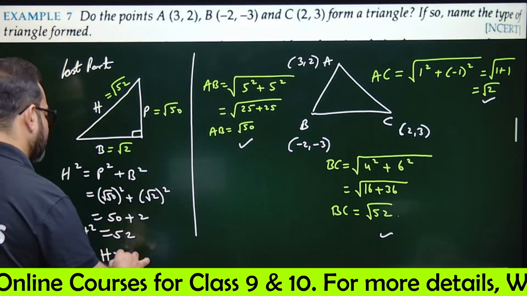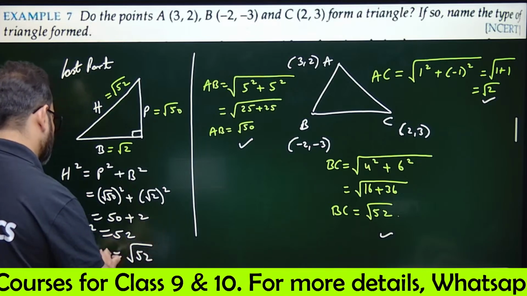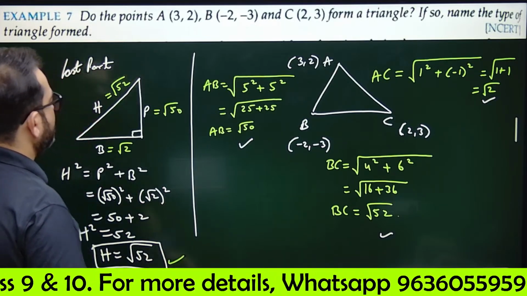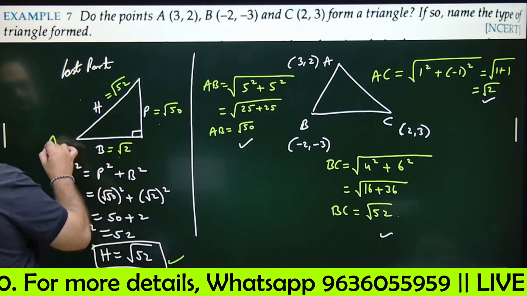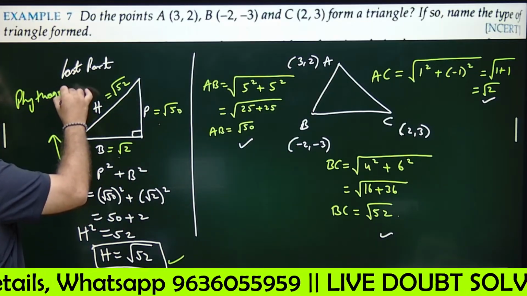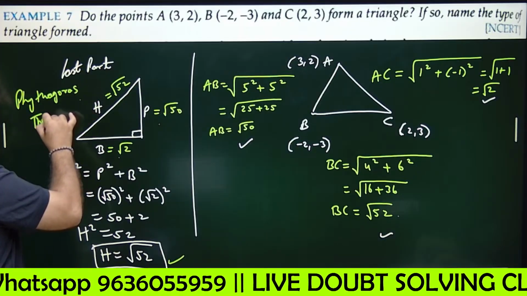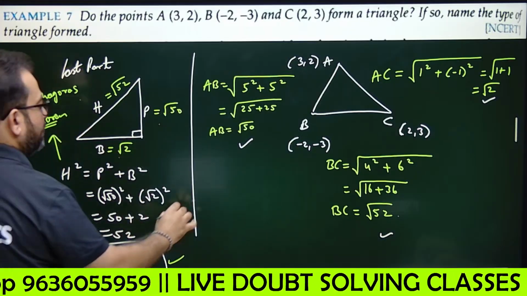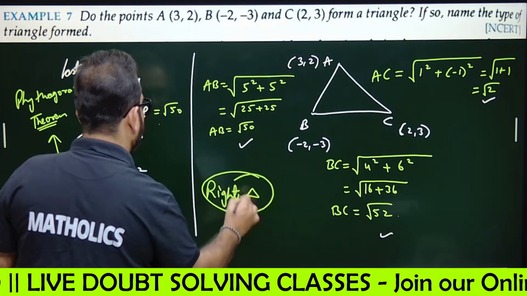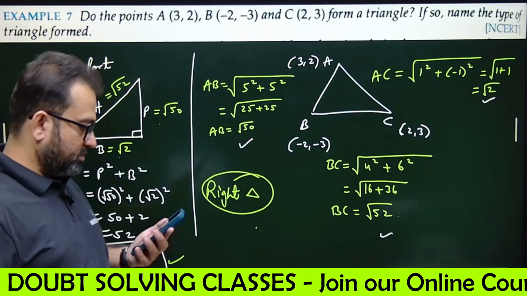So h square is 52, and h will be under root 52. So this follows the Pythagoras theorem. We'll say yes, it will form a right angled triangle. Copy it. That's it.